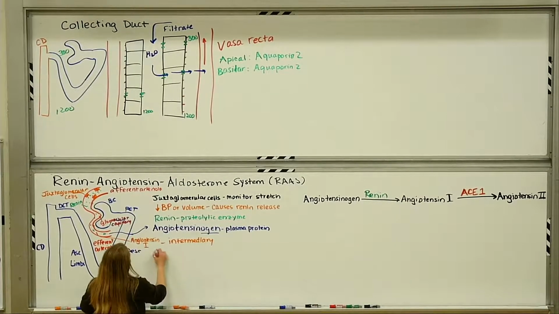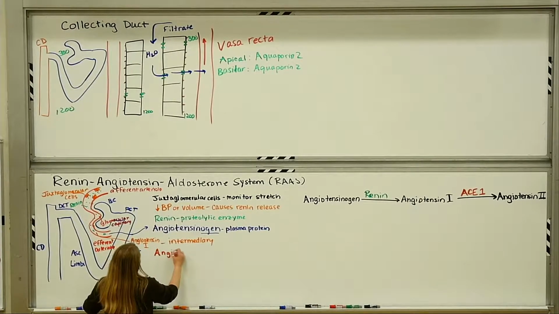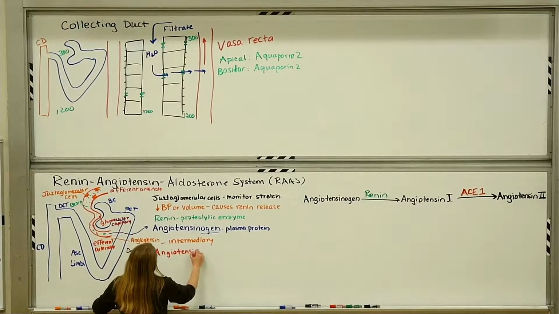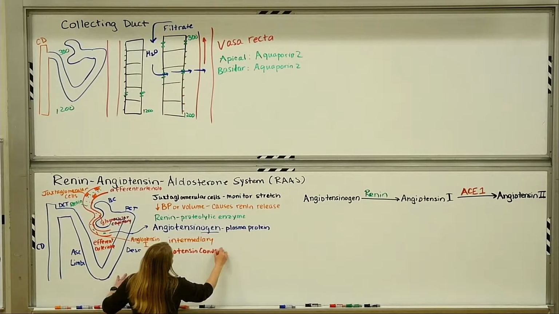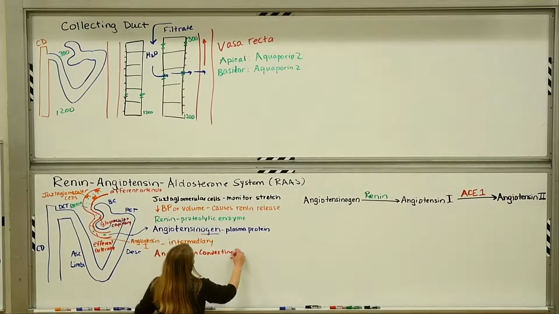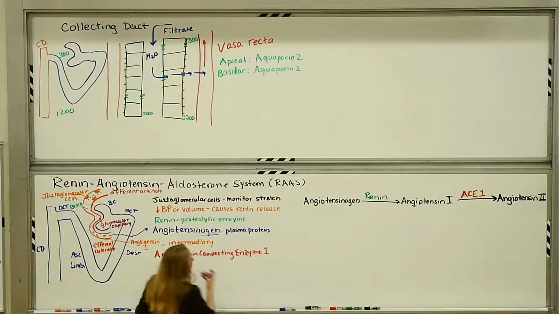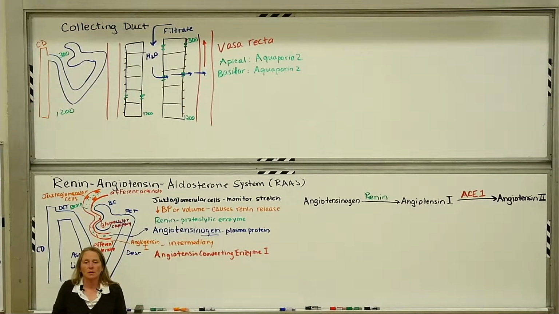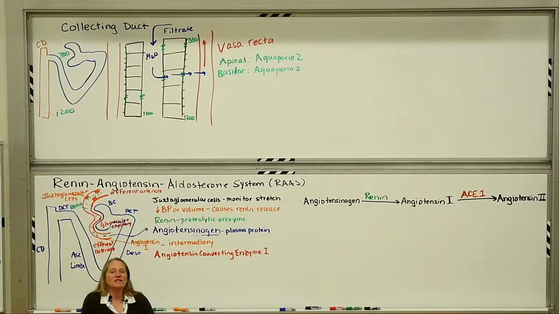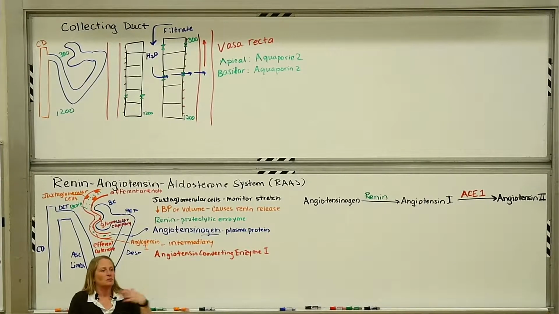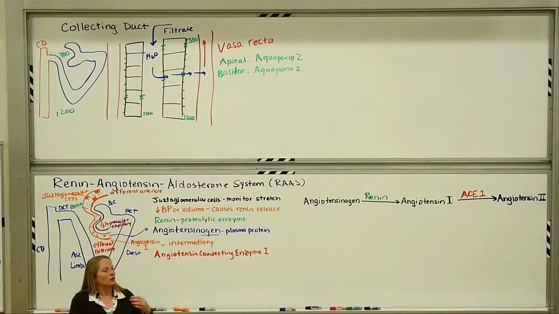ACE, or angiotensin converting enzyme, is mainly from the lungs, just like ACE2. So ACE2 we said was that membrane receptor that we found on lung tissue, and the coronavirus could bind to it. So COVID could bind, and we weren't entirely sure what happened after that, but that was how you got infected.